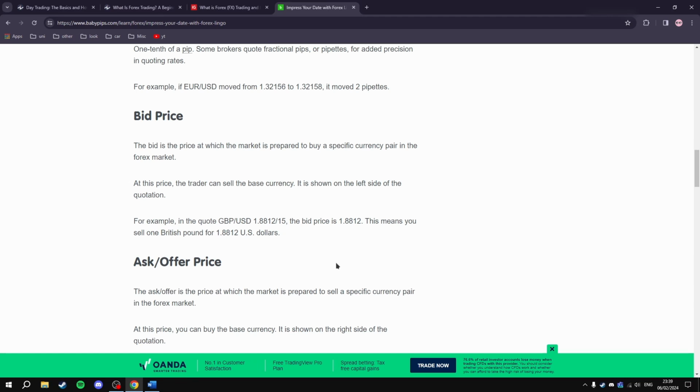For example, in a quote GBP/USD of 1.8812/15, the bid price is 1.8812.